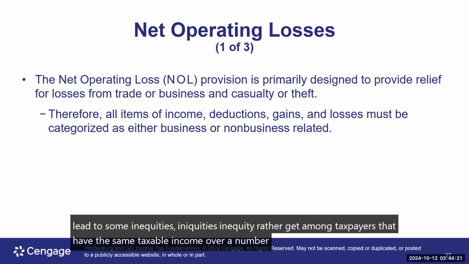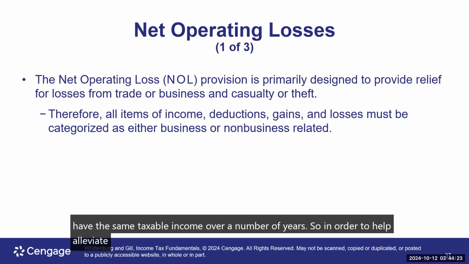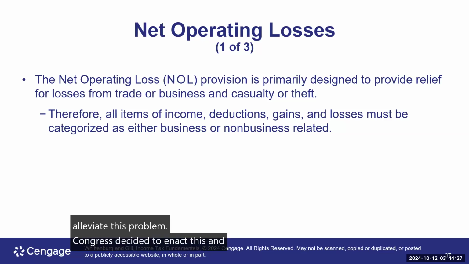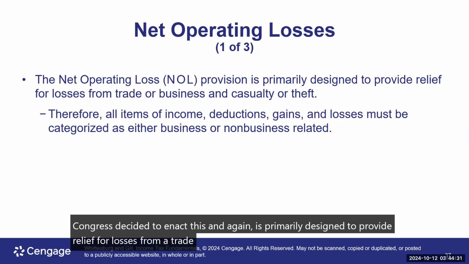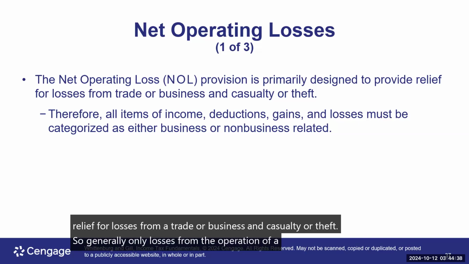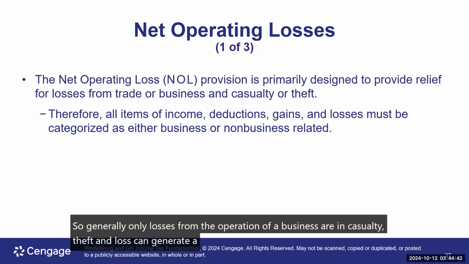So in order to help alleviate this problem, Congress decided to enact this, and again, it's primarily designed to provide relief for losses from a trade or business in casualty or theft. So generally, only losses from the operation of a business in casualty, theft, and loss can generate a net operating loss. So that's something important to keep in mind.